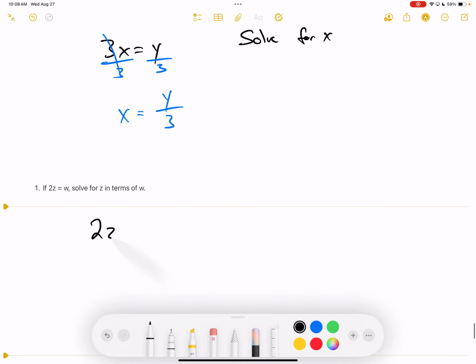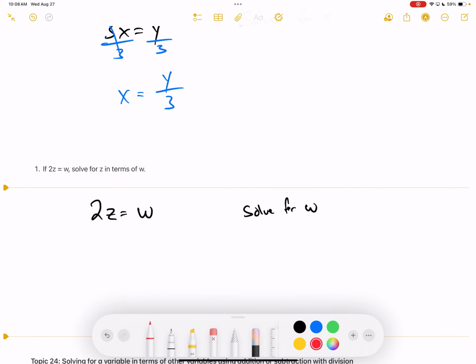I guess this one's the same thing. I didn't pay attention to that. Solve for w. So to get z, oh no, we're solving for z. So I already solved for w. Solve for z, we divide both sides by 2. So I get z equals w divided by 2.